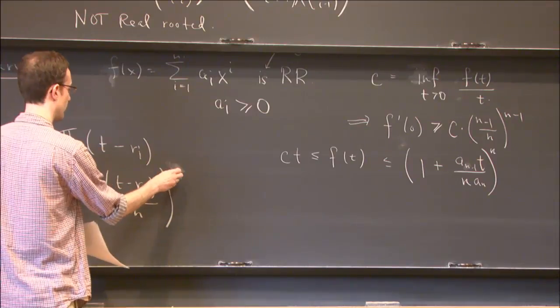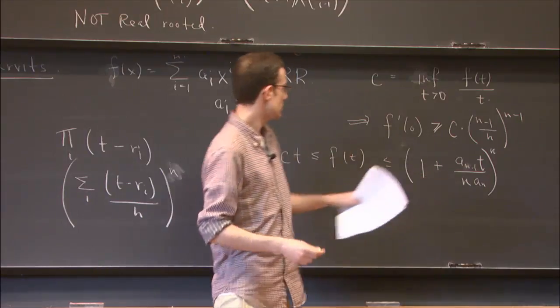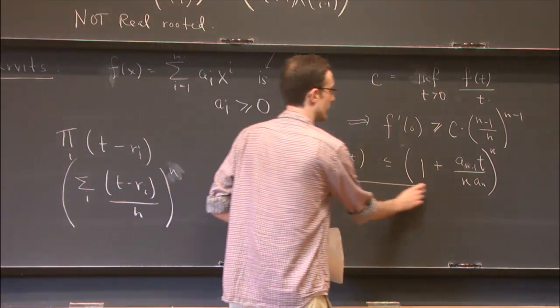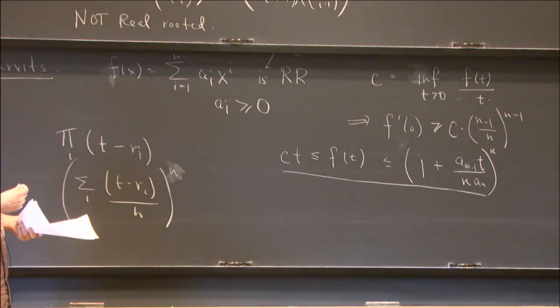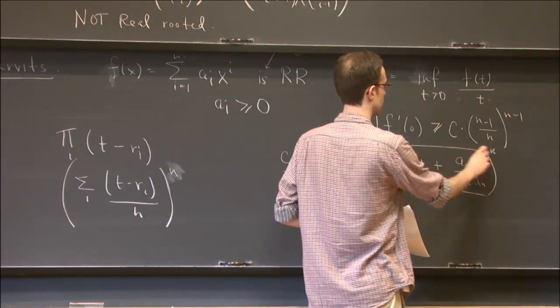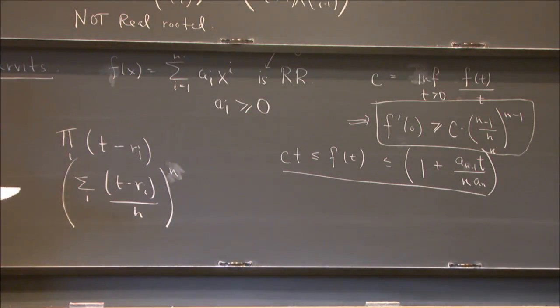And then this becomes something that looks like this, and then you can do calculus to find the t which is the optimal t for this. It's kind of a pain to do, but it ends up giving you this (n minus 1 over n) to the n minus 1. So not particularly hard. Any questions so far? Okay.